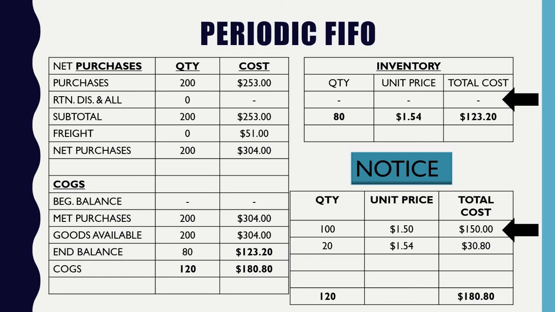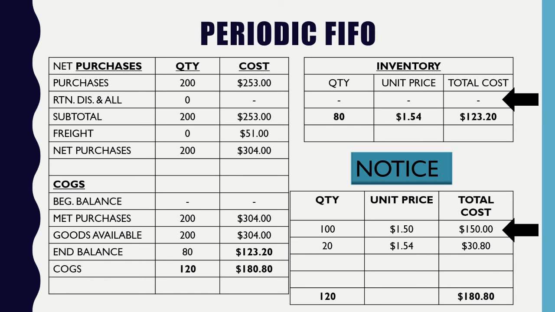So notice, in our inventory, we had a total of 200. Now we're left with 80. And how do we calculate that? Here we have 100 units that cost us $1.50, so it was $150. Then we sold 20 more items at $1.54, which cost us $30.80.